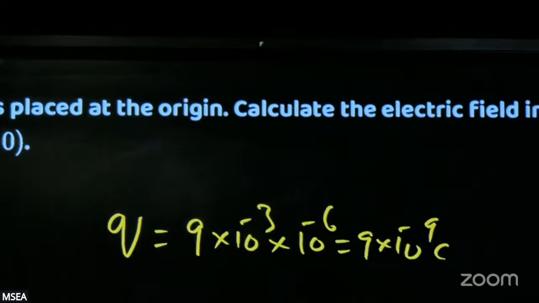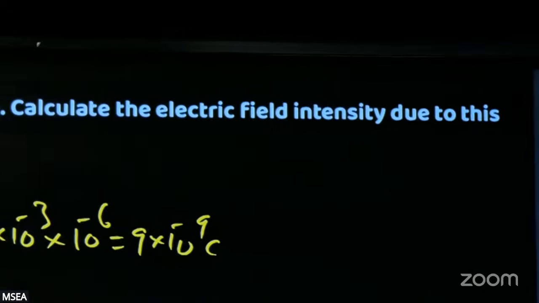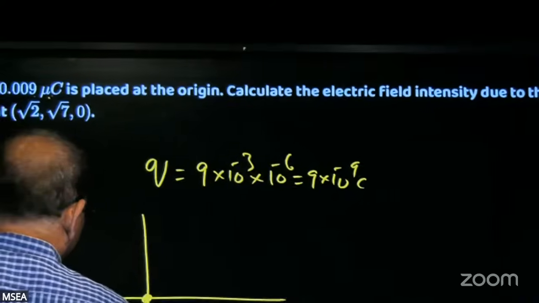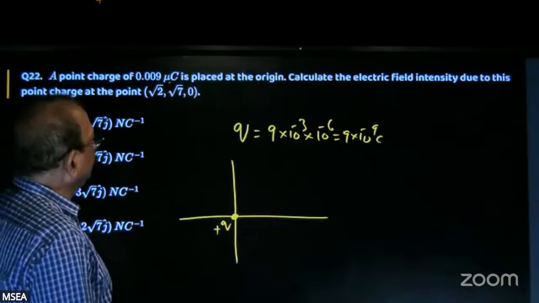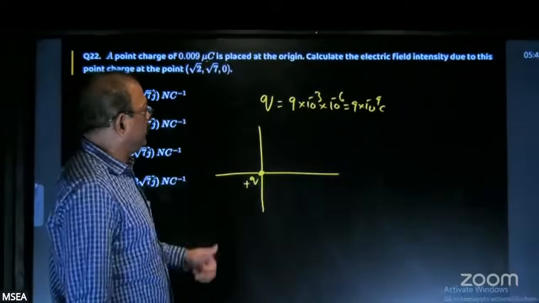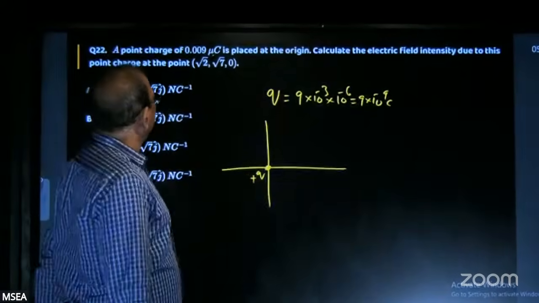It is placed at origin. Which charge is it? Positive charge. Any sign not given means you must take the charge as positive. This charge is kept at origin.